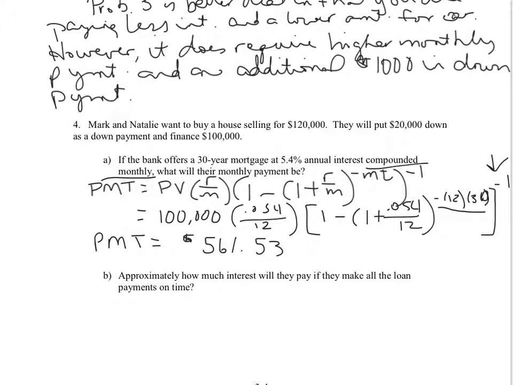When you purchase a house, they give you an amortization schedule that shows, out of the amount you're paying every month, what applies toward interest and what applies toward principal. Here's something important to know. Early on in a 30-year mortgage, out of this $561.53, almost all of it is going toward interest.